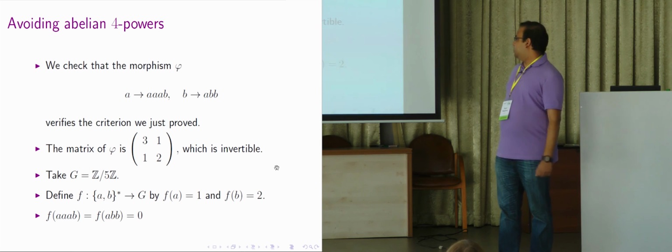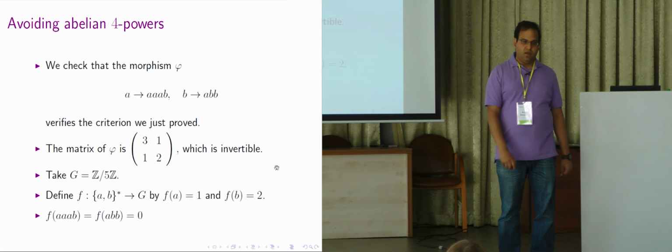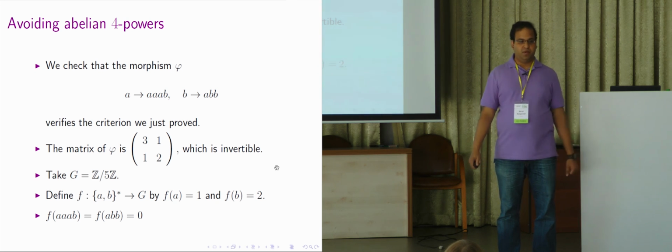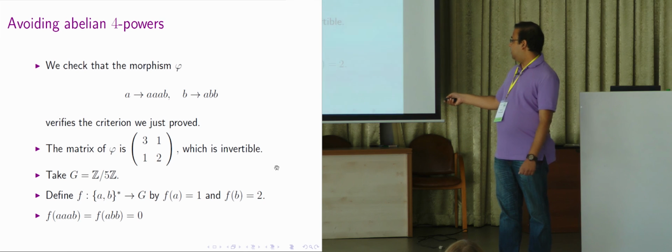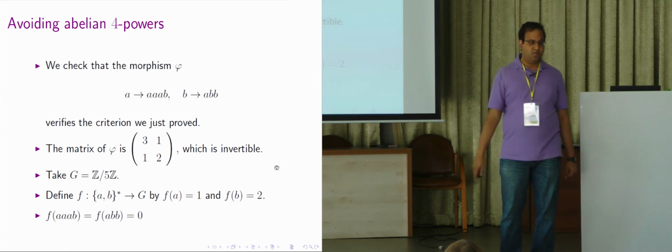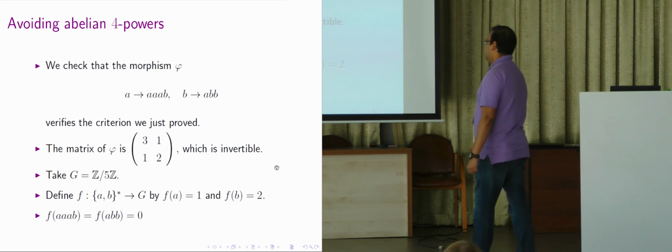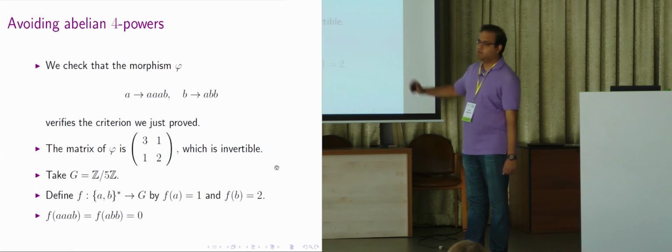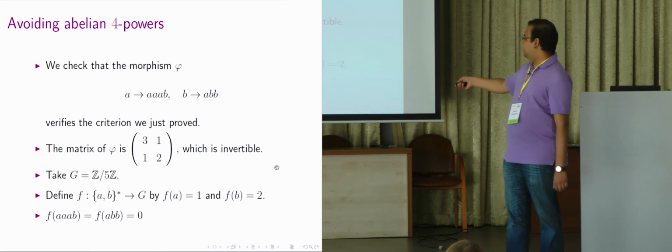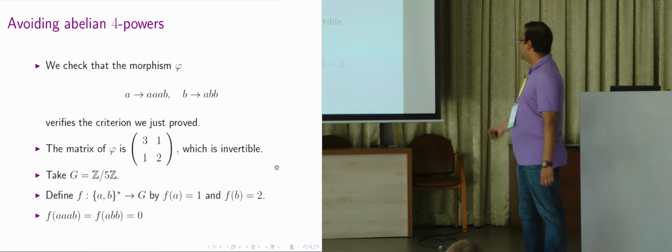Check that the matrix is invertible. Now we have to find the appropriate abelian group, and we take Z5 as our abelian group. How do you know what to take? Oh, you take the determinant of this matrix. You get 5. All right, so that's your abelian group, Z5.